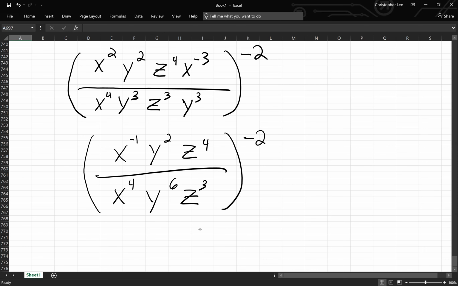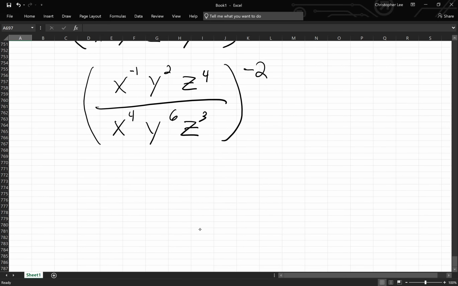And we still have that -2 power. Now, divide the powers, right? So when I divide the powers, what do I do to them? Subtract, right? So what's the first one? X to the what? So -1 minus 4. And then y to the 2 minus 6. And then z to the 4 minus 3.